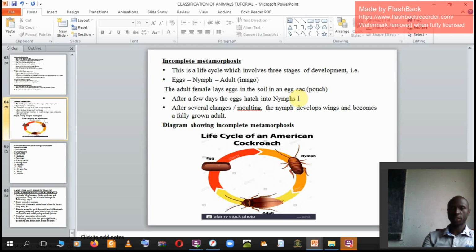Then from nymph, they will grow into adult. You can see the life cycle of an American cockroach. I've taken the sample of a cockroach. This is an adult. An adult will lay eggs, then eggs will hatch direct into nymph.